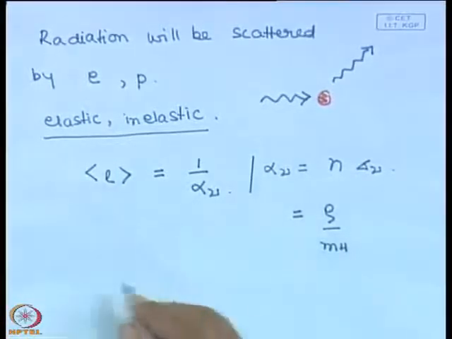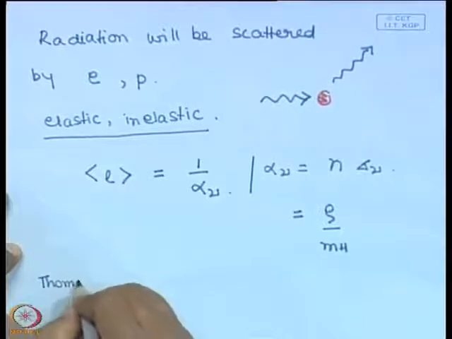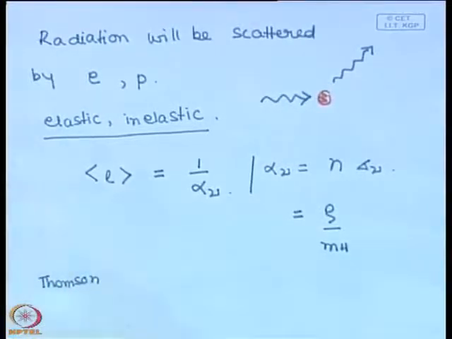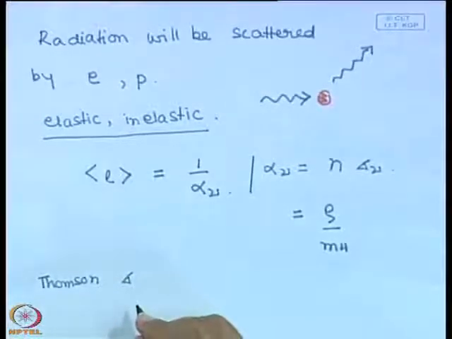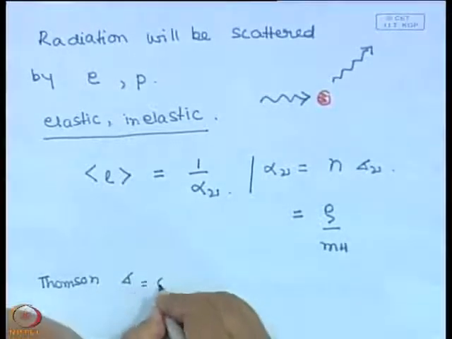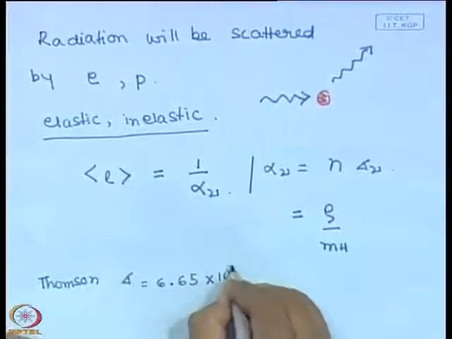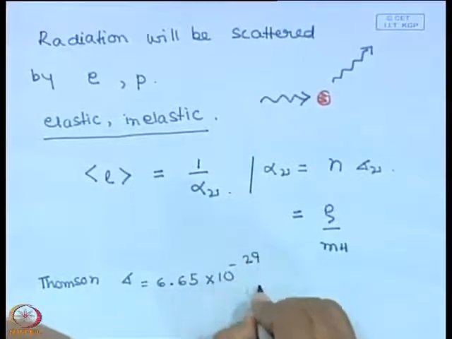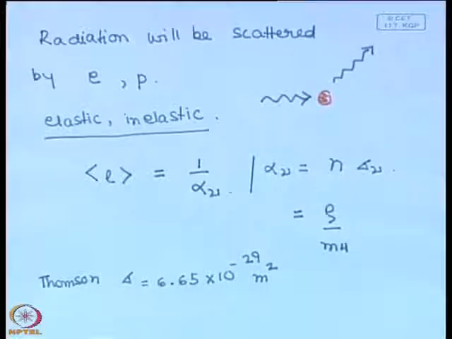It has a value sigma which is independent of frequency, and the value is 6.65 into 10 to the power minus 29 meter square. We have already discussed this earlier. Okay, this is Thomson scattering.